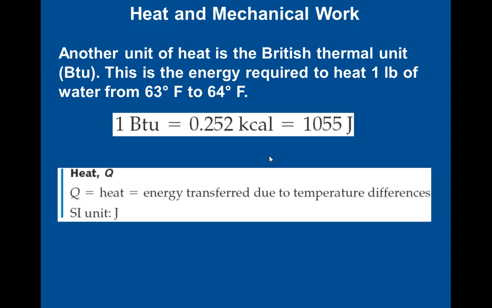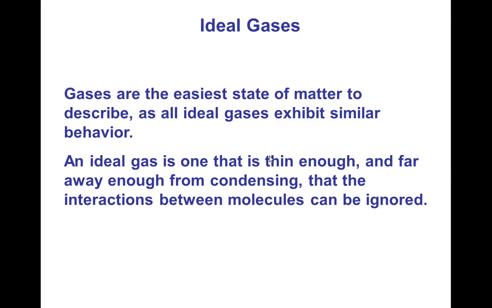So capital Q is heat, and that is the energy transferred due to temperature differences. Now, when we build this into thermodynamics, we're going to be using a gas for carrying the heat energy around our system. So we're going to talk about gases a little bit. This will sound familiar to people who have studied chemistry any time in their careers, but don't get too comfortable, because in physics land we do things a little differently.